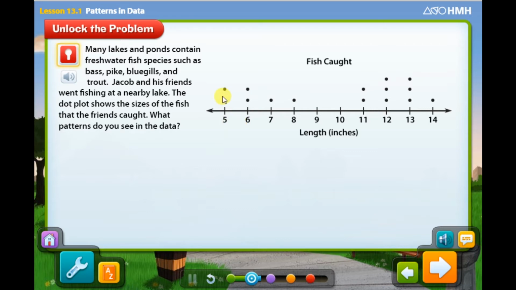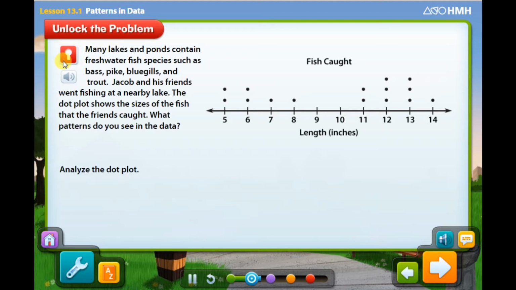For example, they caught 2 fish with the length 5 inches, 2 fish with the length 6 inches, 1 fish with the length 7 inches, and 1 with the length 8, and none with the length 9, and none with the length 10, and 2 fish with the length 11, 3 with the length 12, 3 with the length 13, and only 1 with the length 14. So, what patterns can we use to describe this set of data? Let's unlock the problem and figure it out.